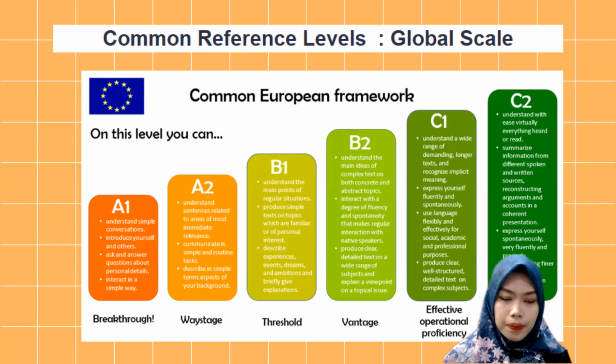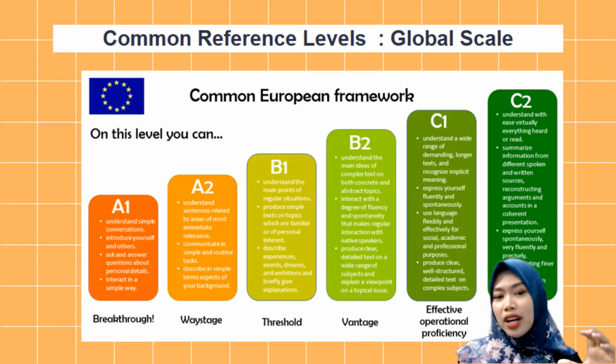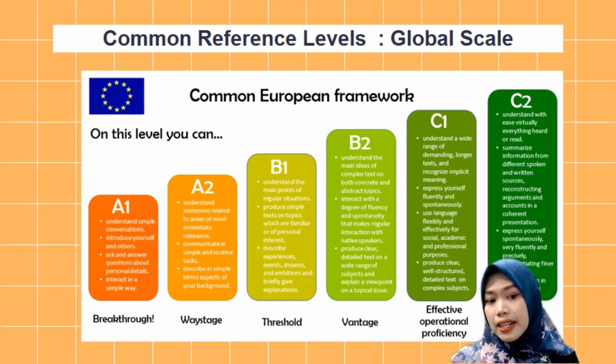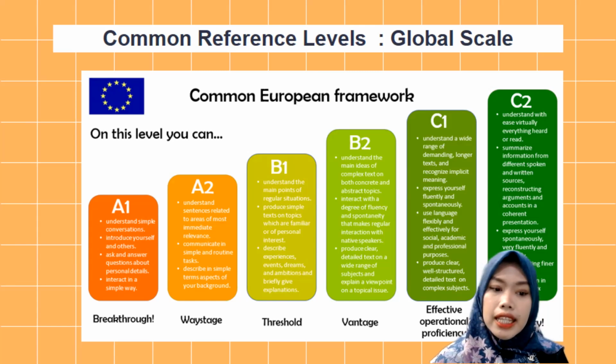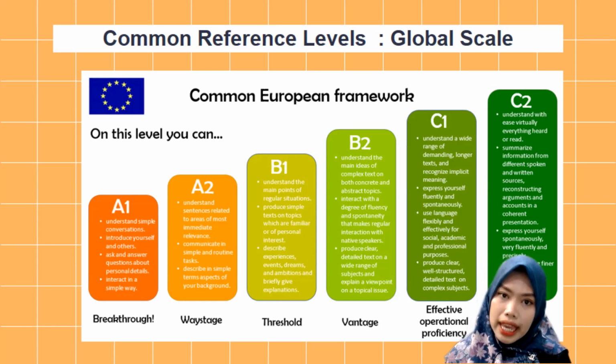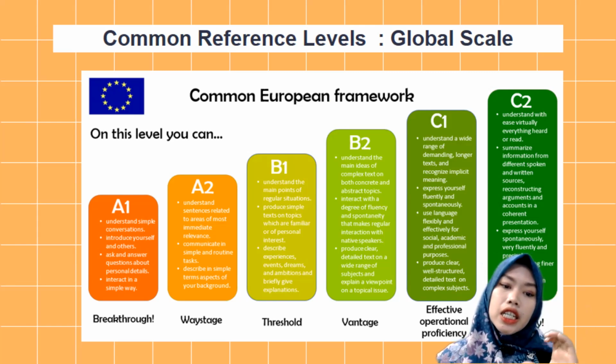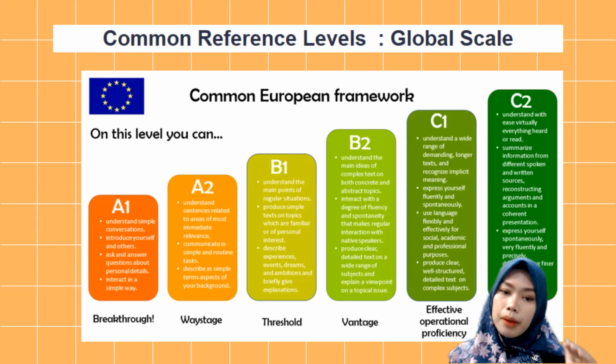On this level, for A1, you can understand simple conversation, introduce yourself and others, ask and answer questions about personal details, and then interact in a simple way. This is for A1. And for A2, understand sentences related to areas of most immediate relevance.